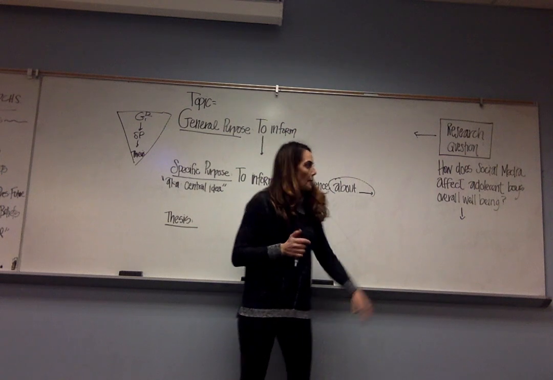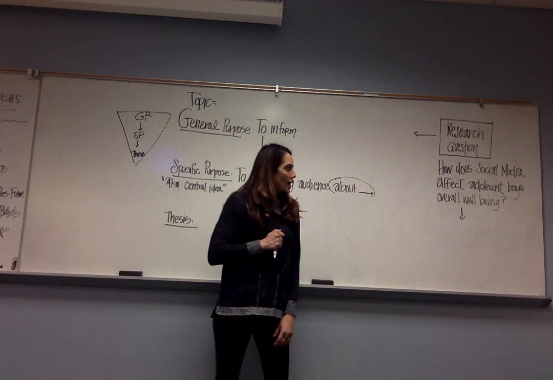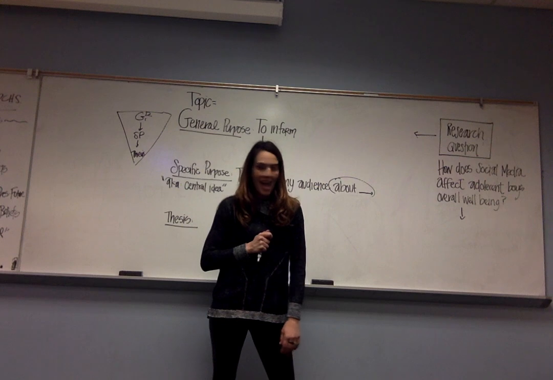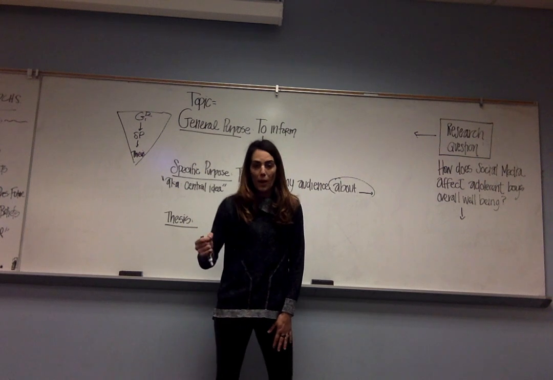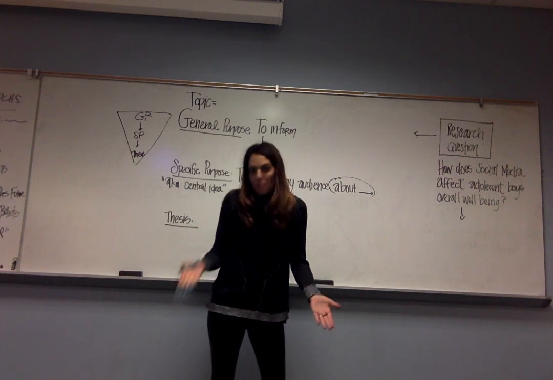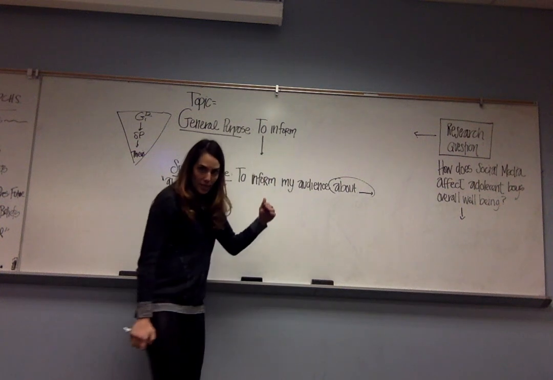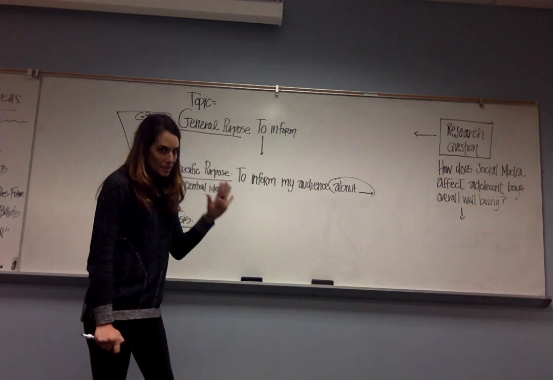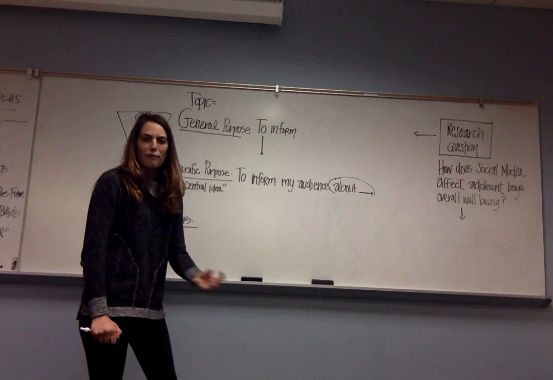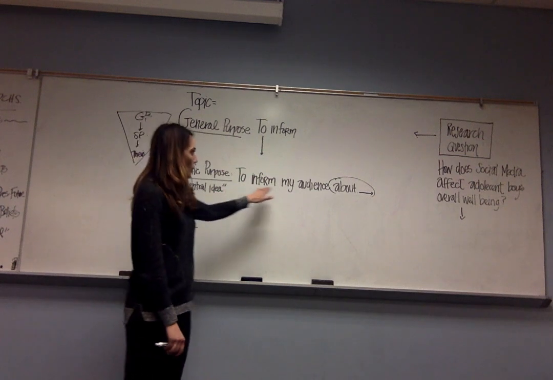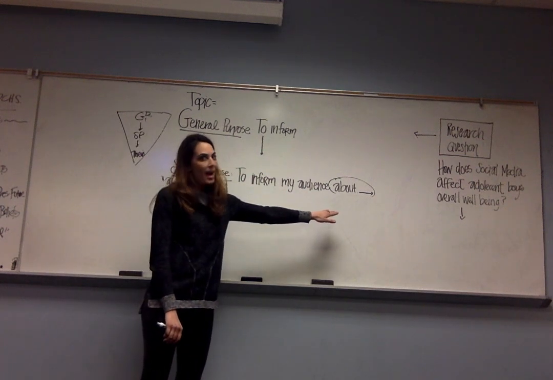So for example, if our question is, how does social media affect adolescent boys' overall well-being? Maybe then we simply cut the first part to make it a question, and instead we rephrase that as to what we want to inform our audience about.